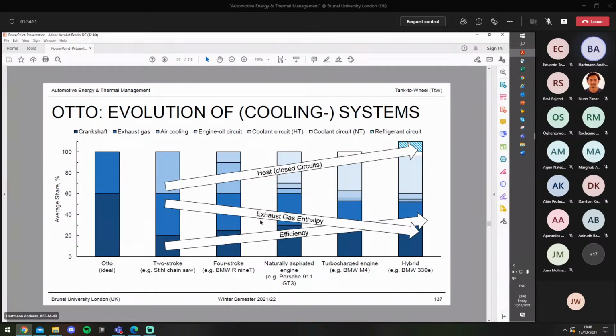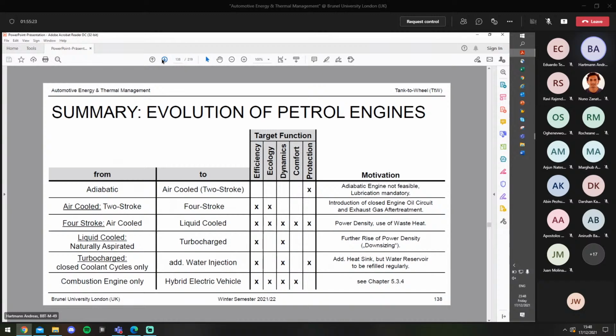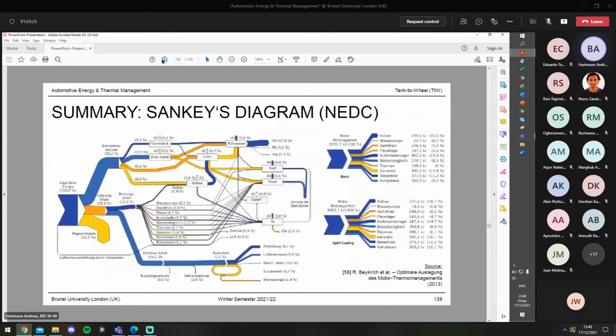So when having a very simple engine, a naturally aspirated engine, maybe even an air-cooled engine, for sure you don't transfer too much heat to closed circuits, but with the latest turbocharged engines, it's actually the opposite. You take more and more heat from the open exhaust gas circuit and transfer it to a closed circuit, which then leads to higher requirements for such closed coolant circuits.